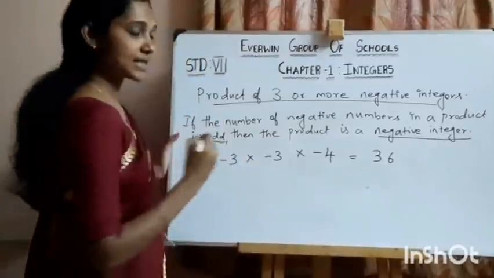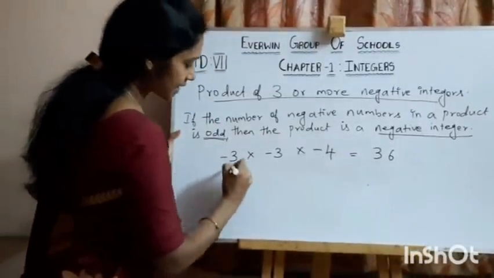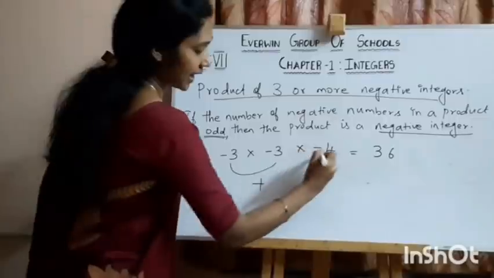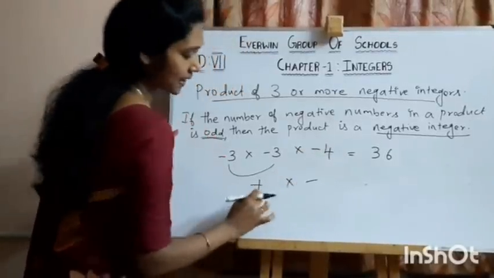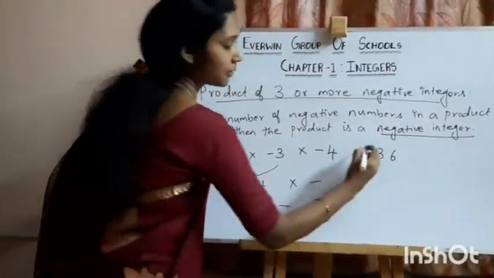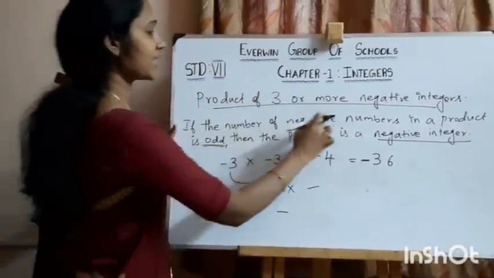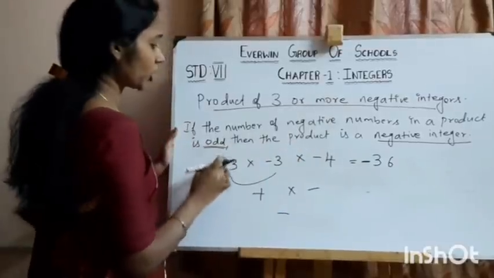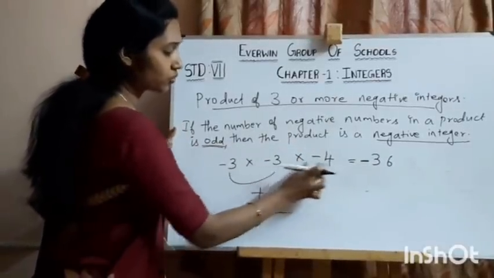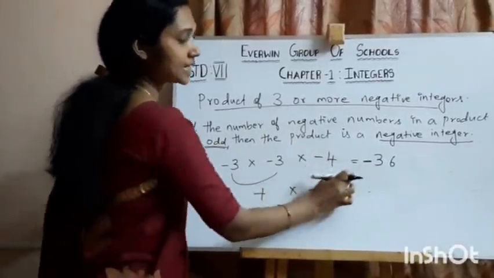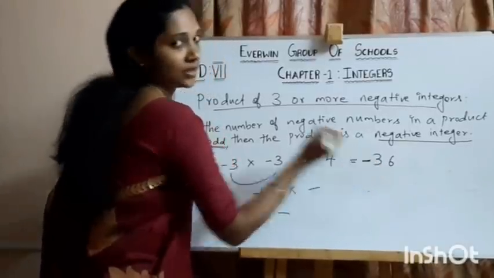And what will be the sign of this 36? Minus into minus will be plus and then it is minus. So plus into minus is minus. So what will be the sign? Minus. So what they are telling, if the number of negative numbers in a product is odd, this is 1, 2, 3, so it's an odd number and the result will be a negative integer.